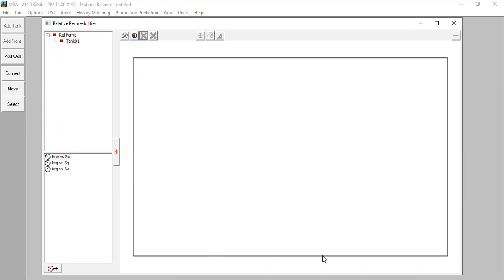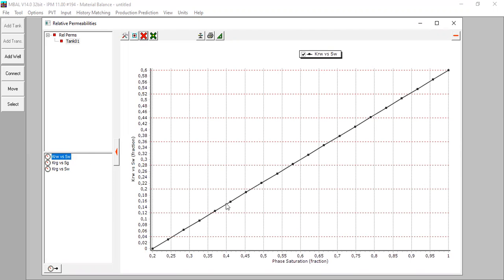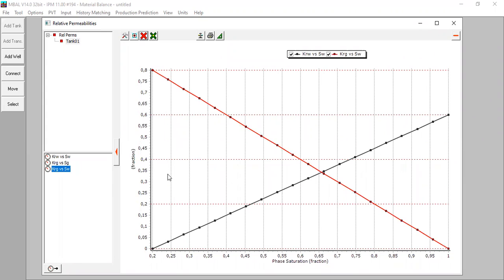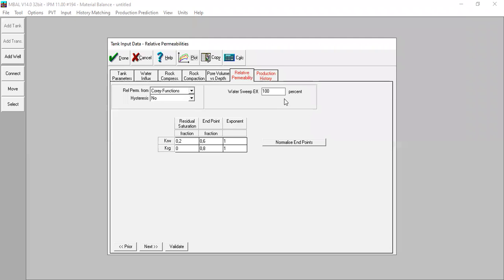So I will plot against water saturation. So it will be KRW versus water saturation and KRG versus water saturation. Okay, close. And let's say water sweep efficiency 90%, just in case.